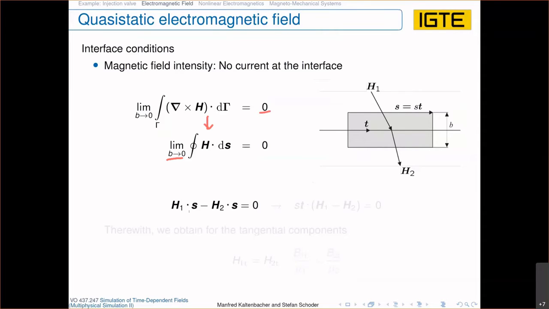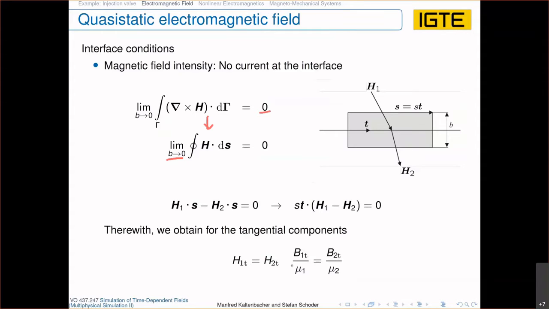We take the dot product with s. s is in tangential direction concerning the interface. In this sense, we clearly see that we have a continuity of the tangential component of the magnetic field intensity. On the other hand, using our constitutive equation between B and H, we get that the tangential component of B is jumping.